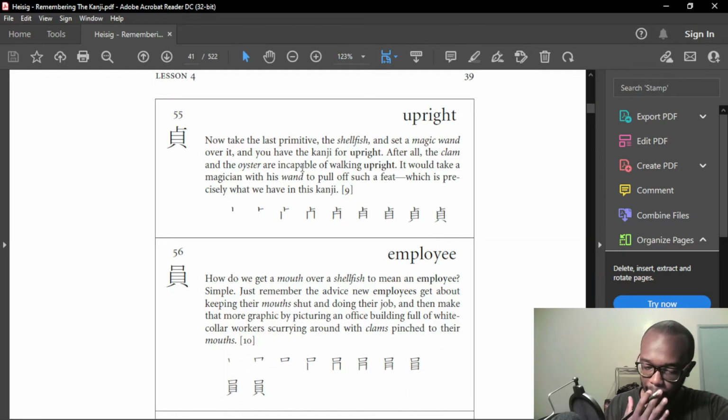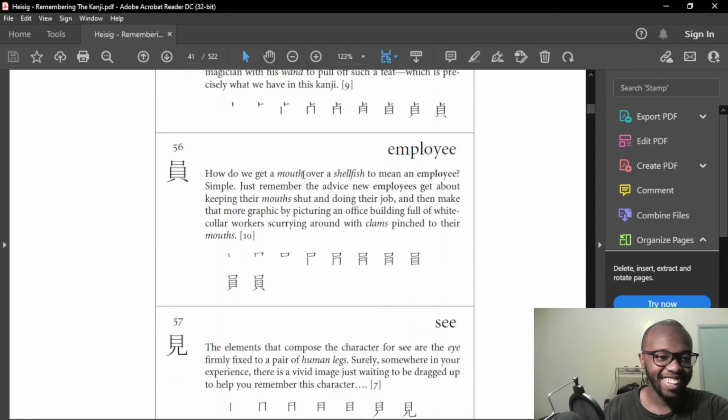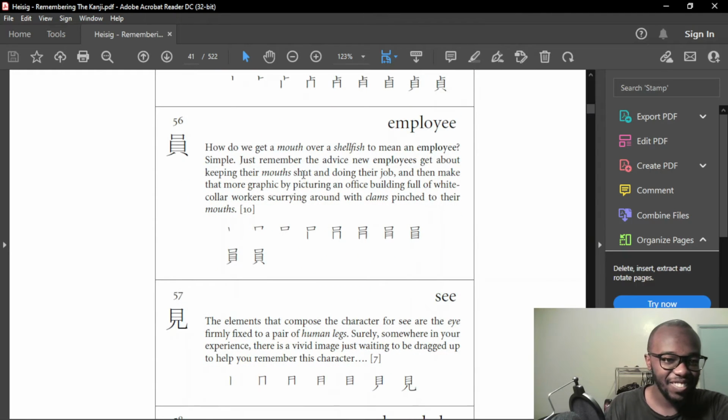Employee is basically shellfish. Shellfish is a mouth. How do you get a mouth of a shellfish?